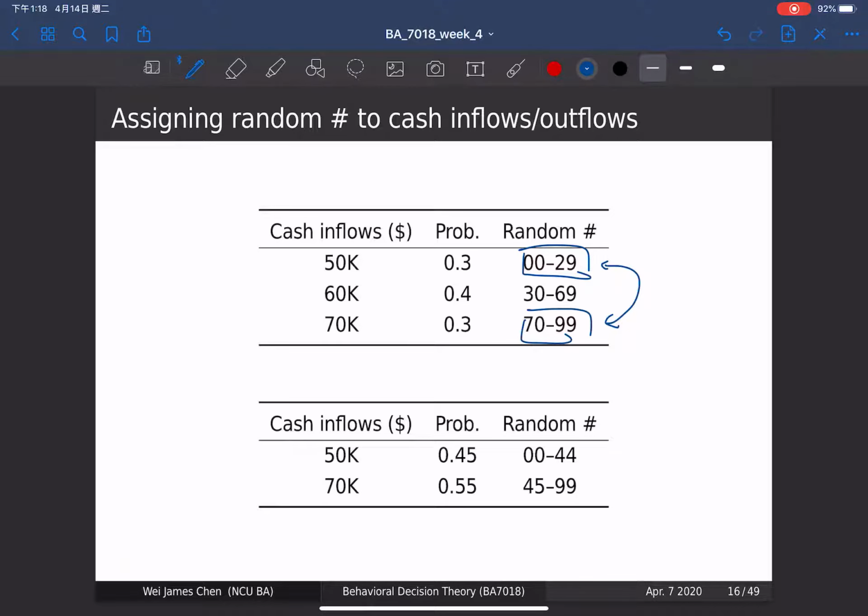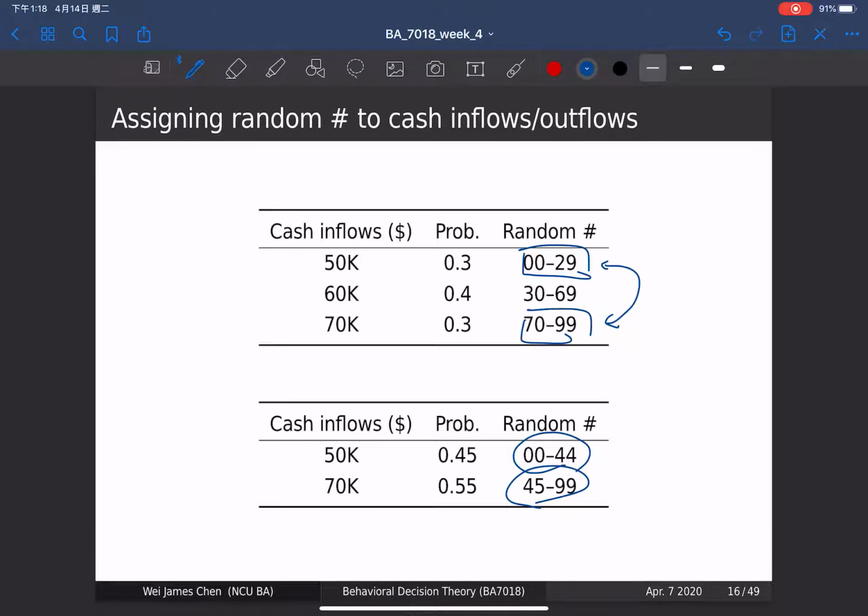So similarly for cash inflow, this case is even easier. There are only 2 cases, 0.45 and 0.55. So I give 00 to 44 as 50K and 45 to 99 as 70K. Okay. So, here's a question though.